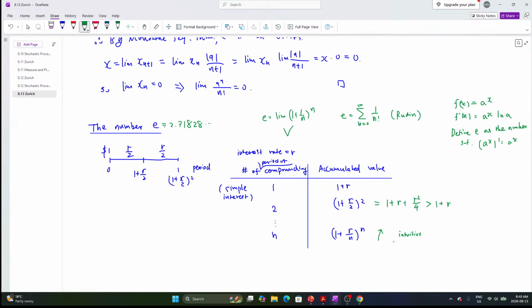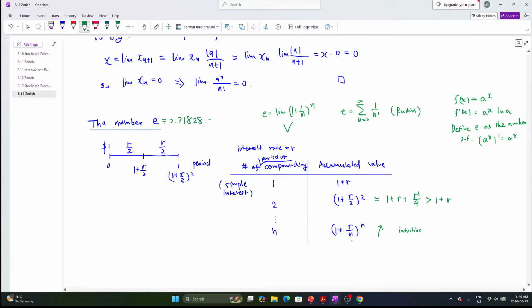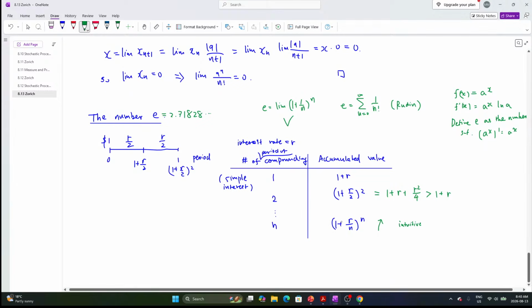This is intuitive, but it still hasn't been proved, because it's not obvious. The base, 1 plus r over n, is decreasing, but the exponent is increasing. So there are two competing factors working against each other. But the net result intuitively should be increasing, as we're increasing the principal throughout the entire period. So the natural question is, what happens when n tends to infinity?